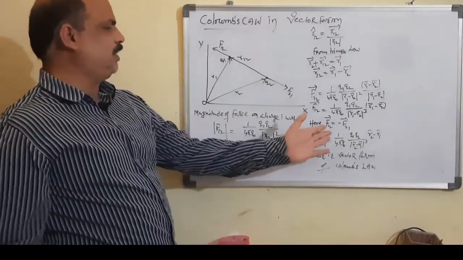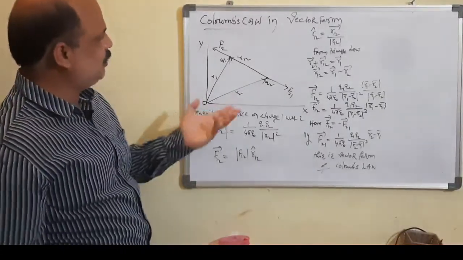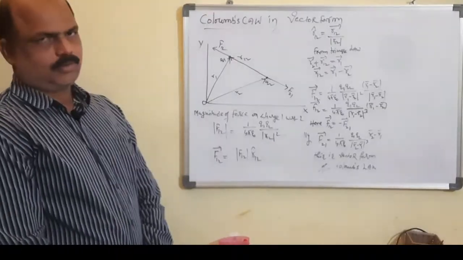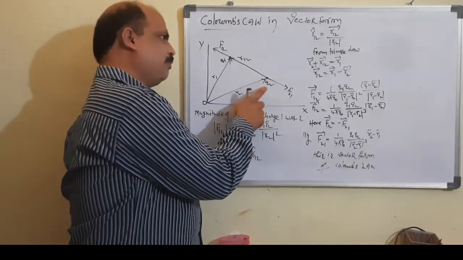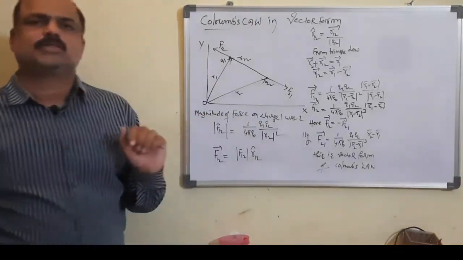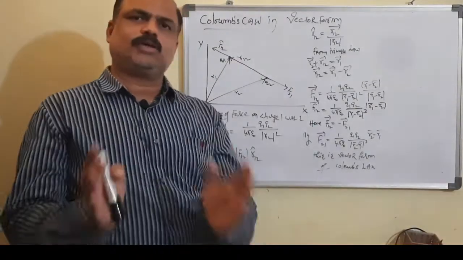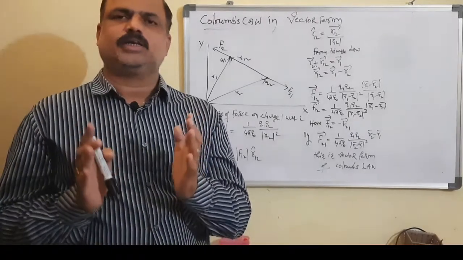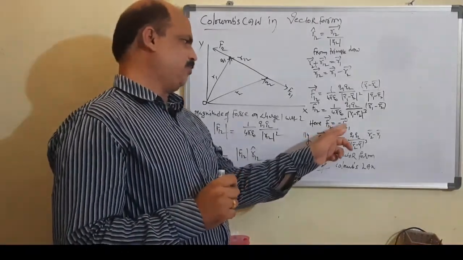Here we notice that F12 bar is equal to minus F21 bar. That means whatever force is acting on the charge Q1 by the charge Q2, the same amount of force is acting on charge Q2 by the charge Q1. Both the magnitudes are the same, but the force directions are opposite. F12 bar is equal to minus F21 bar.